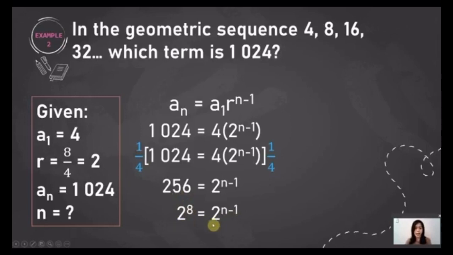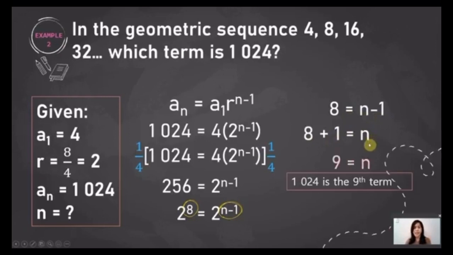Since we already have the same bases, we can now work on the exponents based on the logarithm rule. Now 8 is equal to n minus 1. To solve for n, we have 8 plus 1 is equal to n is equal to 9. Therefore, 1024 is the ninth term of the geometric sequence 4, 8, 16, 32, and so on.